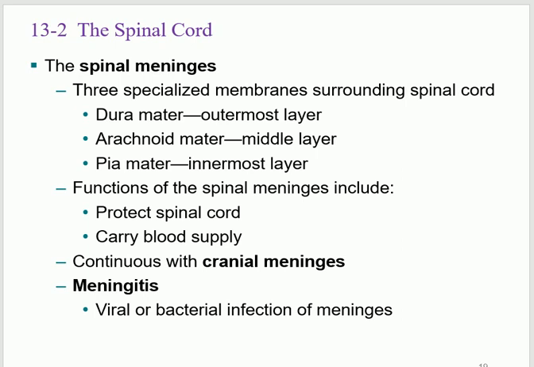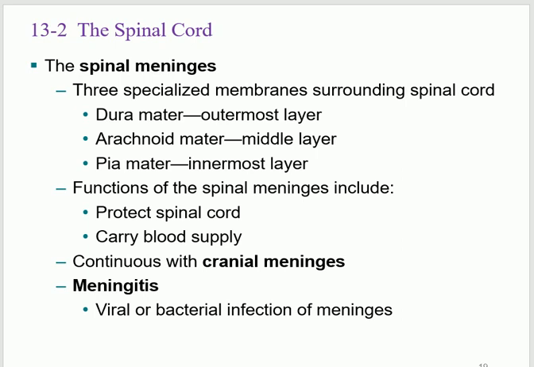So the arrangement of these layers is PAD, P-A-D. Like, you know, the iPad, P-A-D. Pia, arachnoid, dura. Okay? Pia, what does it mean? Pia means delicate. This is the one that's adherent. So it has to be delicate, right?